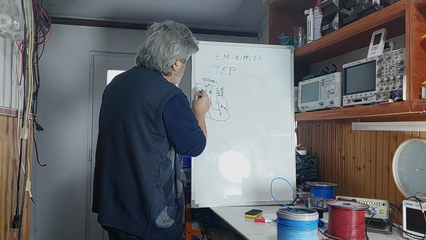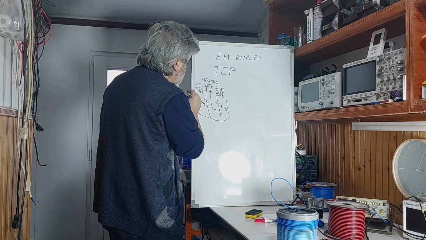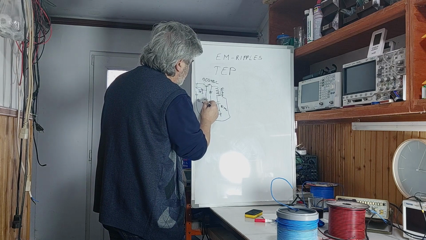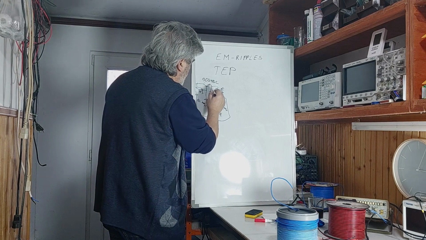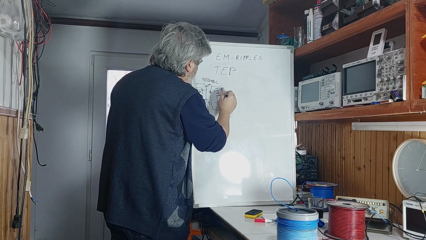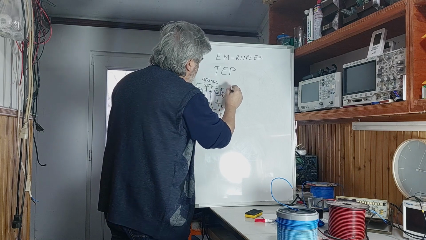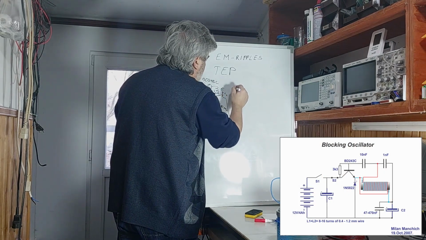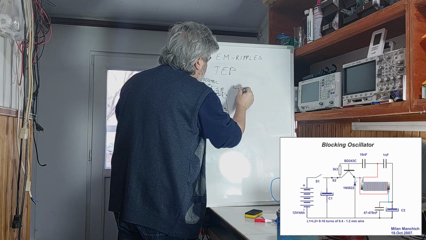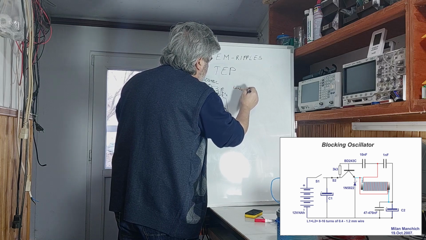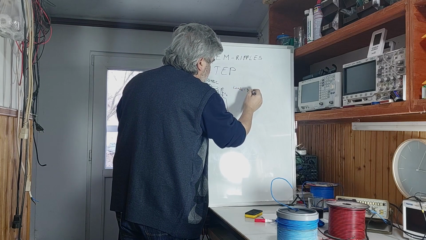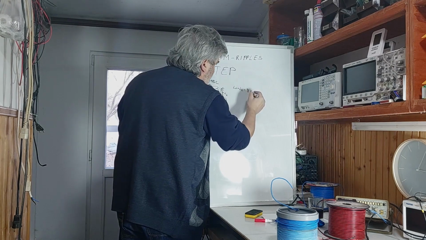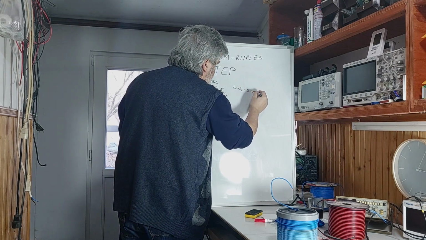This one is a 3K3 resistor, and this one is 10 nanofarads. L1 and L2 could be the same, and doesn't have to. But let's say L1 equal L2 equal 8 turns. It could be many turns as well.